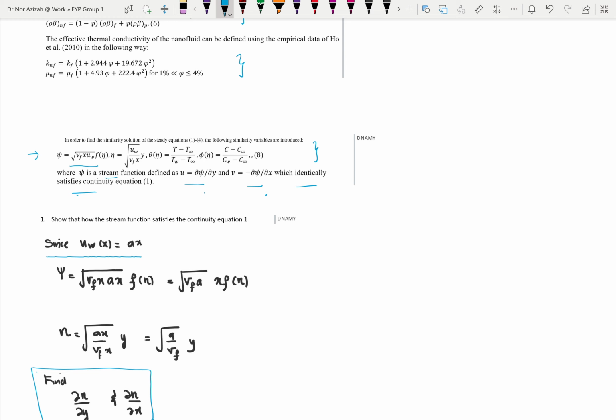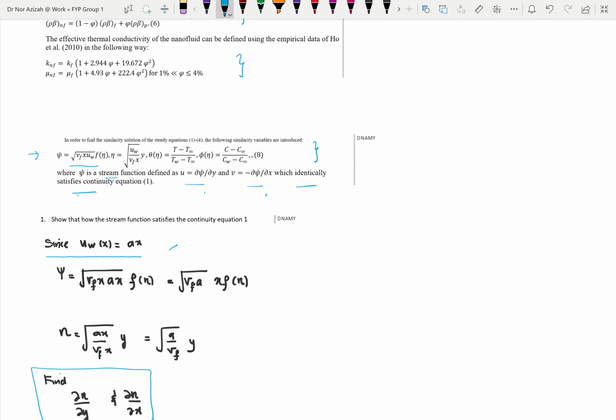But I want to show you step by step how we get 0 for equation 1. Based on assumption, we assume that uw of x equals ax. U is the velocity, w is wall. The velocity at the wall is ax.